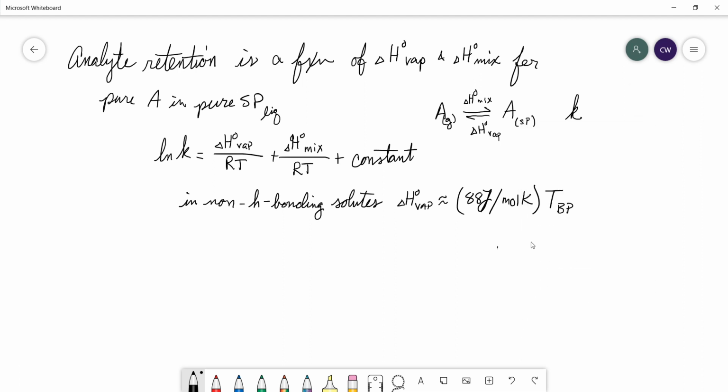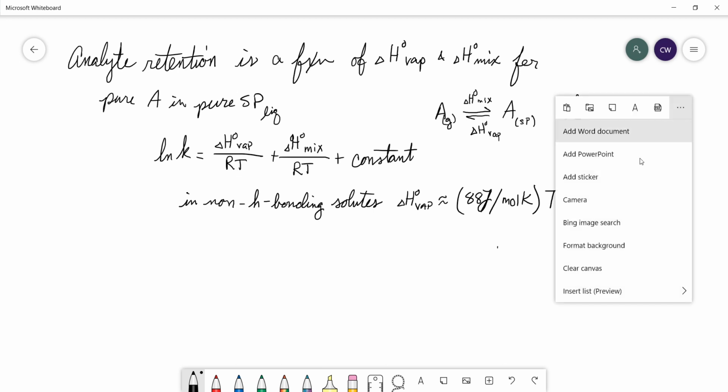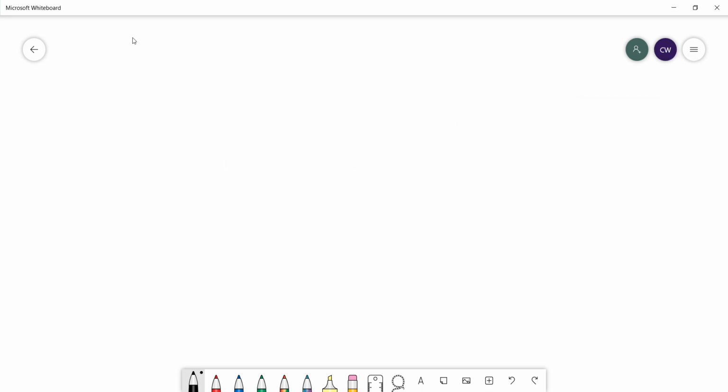And you'll notice it makes the separation a function of the temperature. That's important, because there's two ways to run a GC.